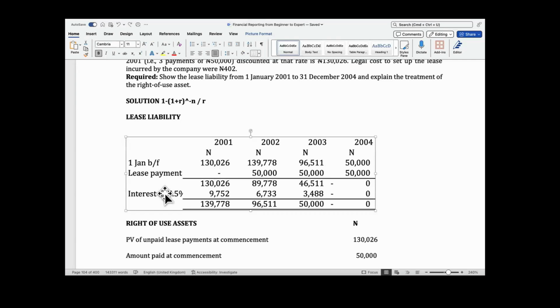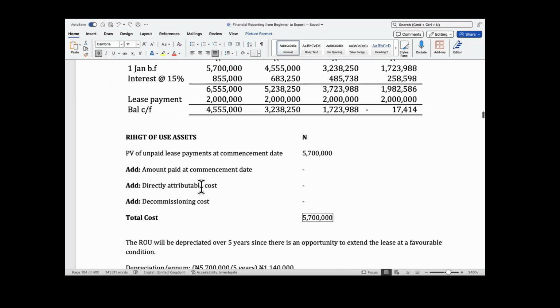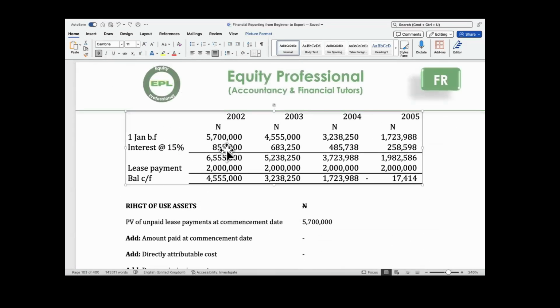Then interest. Interest is applied at 7.5% of this 130,026. Then that gives us 9,752. When you add the two together, that gives you 139,778. You see, you need to be very careful. In the last question we solved, the interest came first before the lease payment.